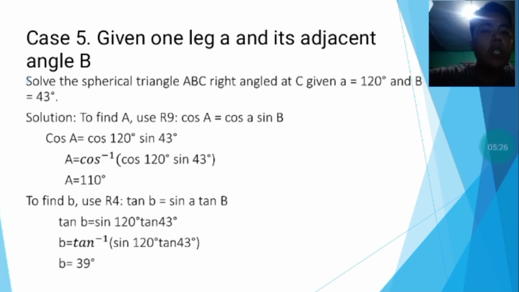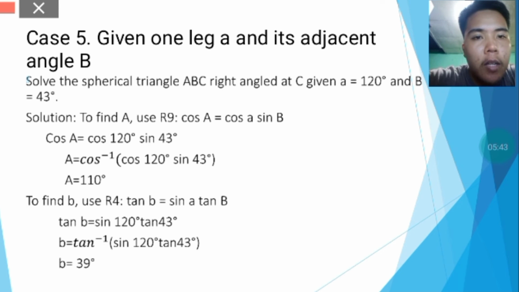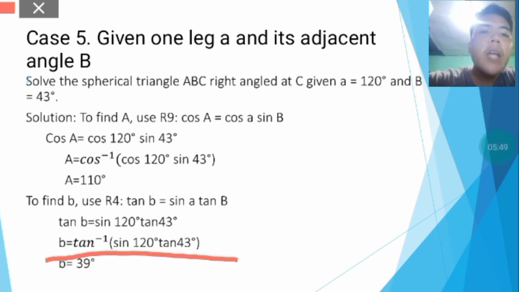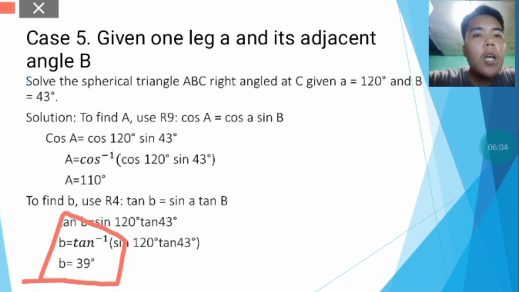So you're going to substitute: sine 120 degrees and tan 43 degrees, and you're going to find the inverse tangent. So tan inverse of sine 120 degrees multiplied by tan 43 degrees. You have the value of small letter b of 39 degrees. So you have the value of big A, and then you have the value of small letter b.